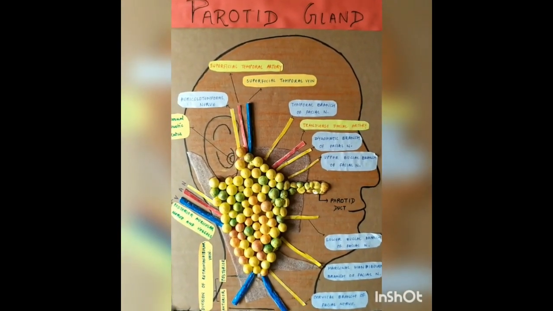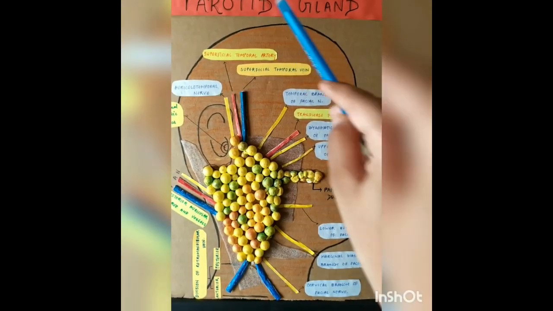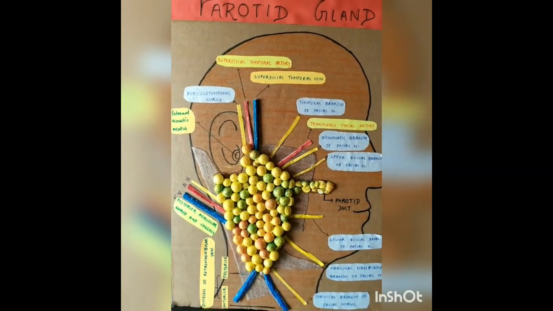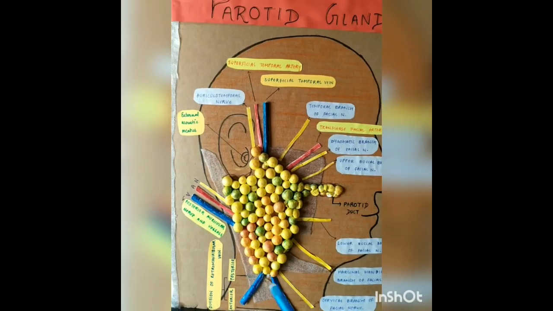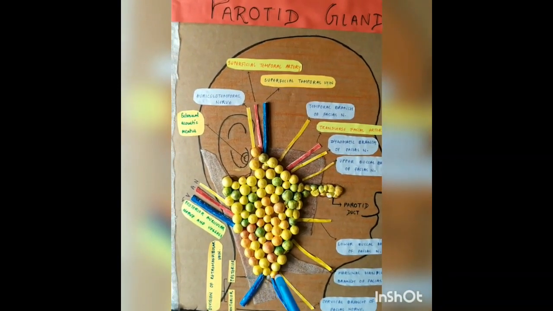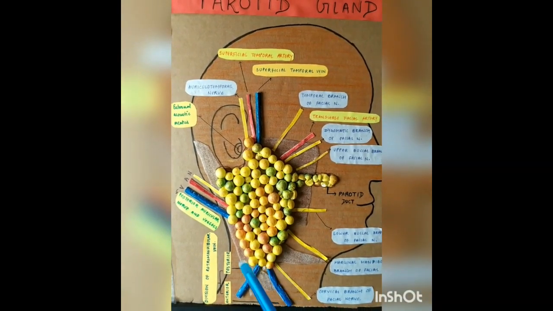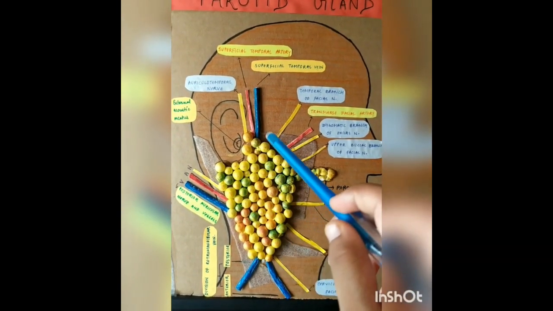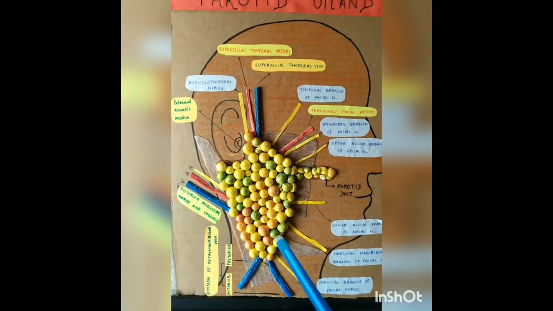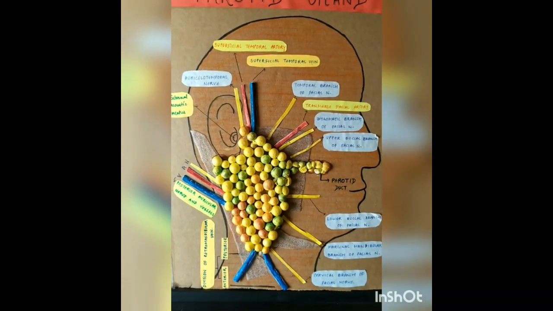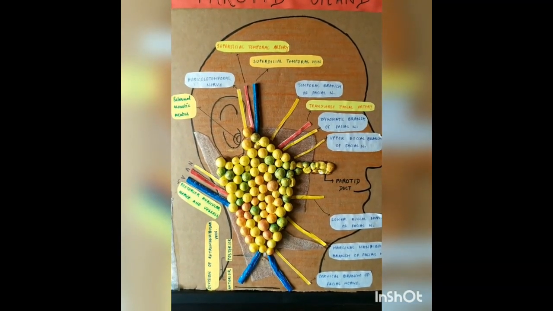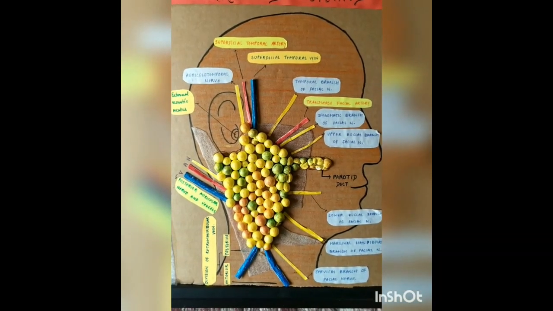Now let's see the external features. So the parotid gland is 3-sided pyramidal in shape and its apex is directed downward. It has the following external features: apex, base, anterior border, posterior border, medial border, superficial surface, anteromedial surface and posteromedial surface.